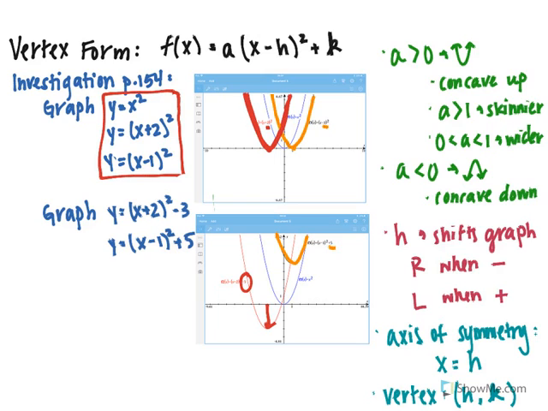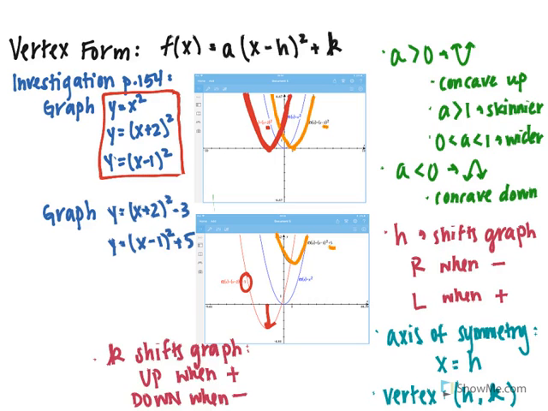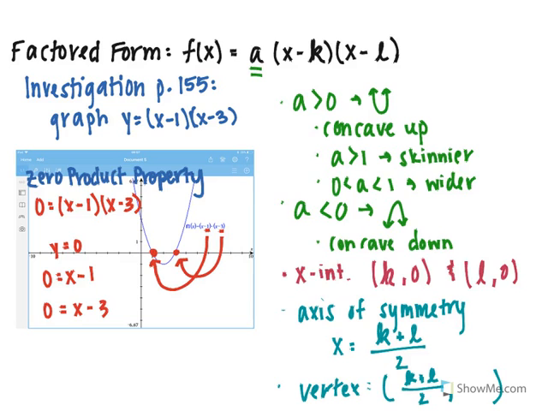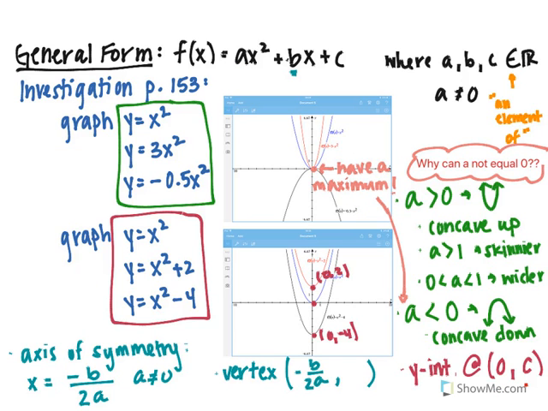Just remember, it's the opposite of the values we see in that parentheses. And I'm also going to write down that k shifts our graph up or down. Okay, so those are the 3 forms of quadratic equations. We have our vertex form, our factored form, and our general form. We will practice graphing these tomorrow during class.